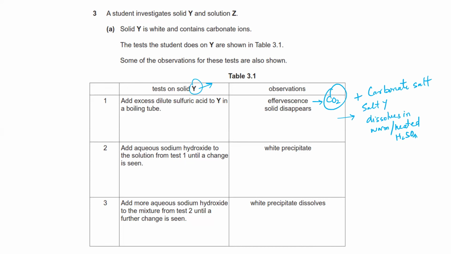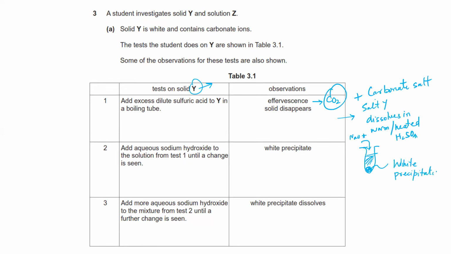Then it says part 2: add aqueous sodium hydroxide to the solution from test 1 until a change is seen. So now whatever the solution is, you are adding aqueous sodium hydroxide to it, and there is a formation of a white precipitate.